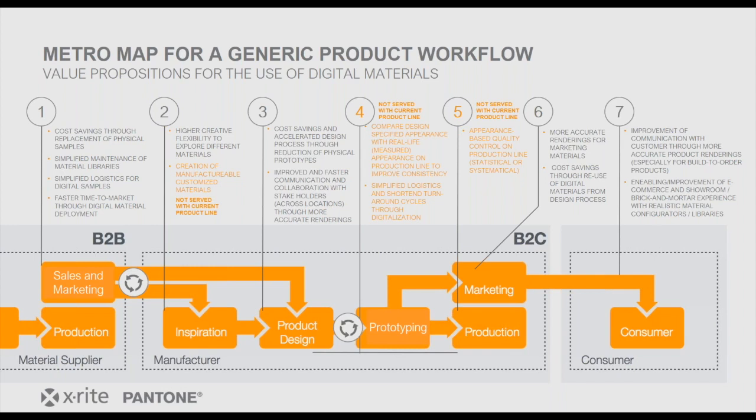So in each of these areas, the move from an actual physical material to a digital material saves not only the cost of making the actual manufacture of the sample, it saves a lot of time in the shipping, in the communication, in the trials and errors, in the actual production of samples.